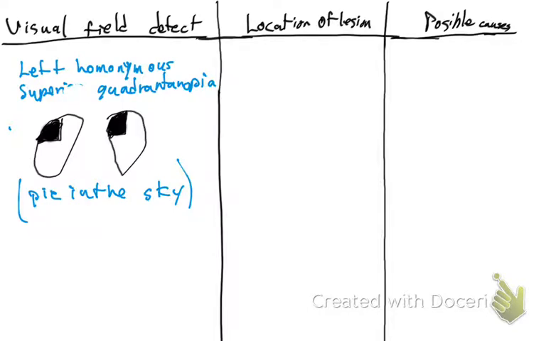So what is the difference? Basically, it's the location. The superior becomes inferior quadrantanopia. Instead of being pie in the sky, it's going to be pie on the floor.